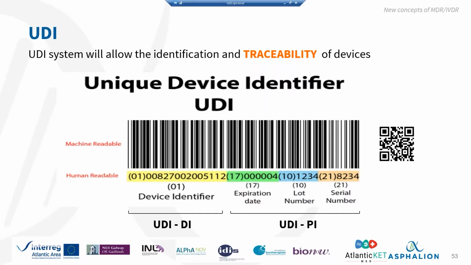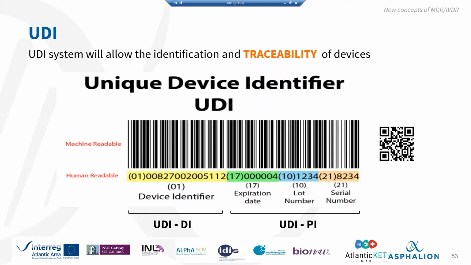These will be used to track the device through its whole life cycle, from manufacturing to whether it's imported or distributed, or who the end buyer is, and this will allow linking all this information of the device to EUDAMED. Okay, so it's mandatory to have this printed on your device.